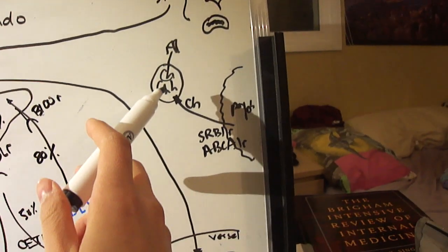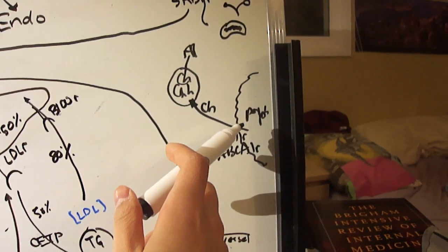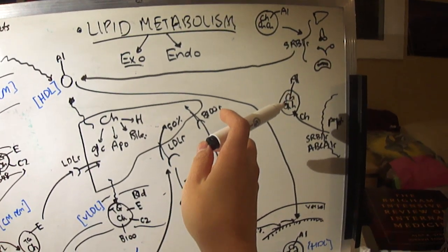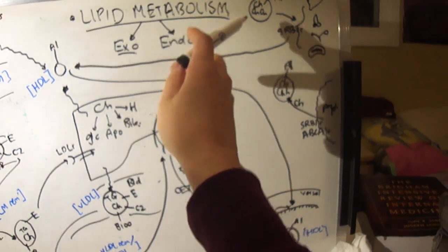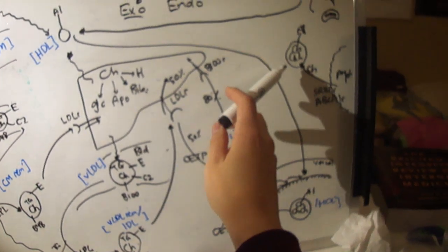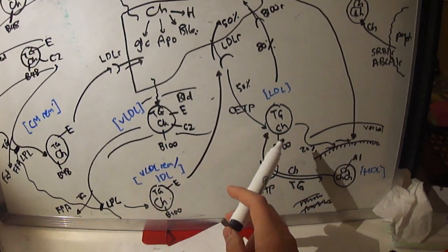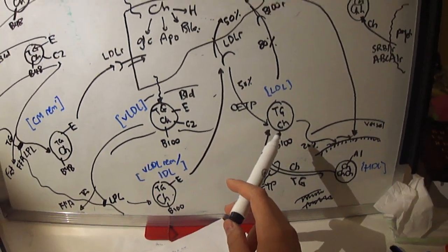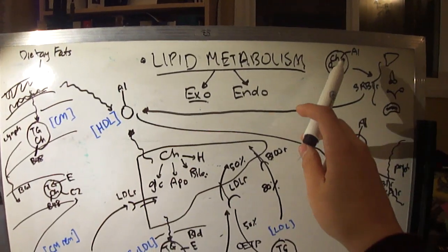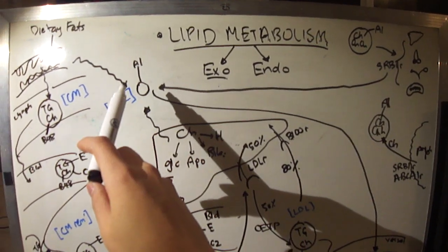So this HDL is now enriched in cholesterol from the periphery, and as you can see, this HDL is the same as this HDL is the same as this HDL, and so once it's picked up cholesterol from the periphery, well, it can give it to LDL, which then goes back to the liver, and some of it goes into the vessels. This thing can deposit that cholesterol into the organs and then become cholesterol poor.